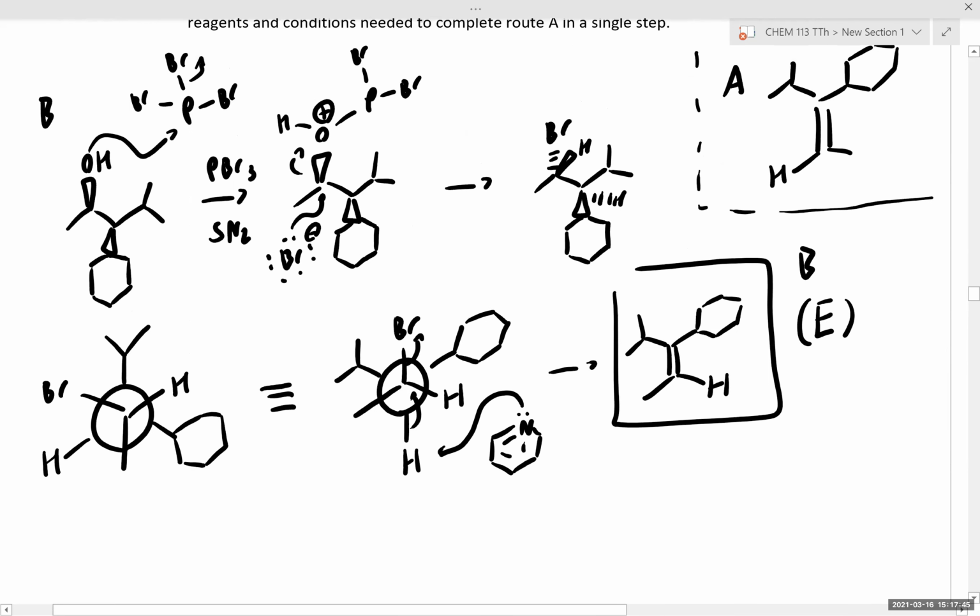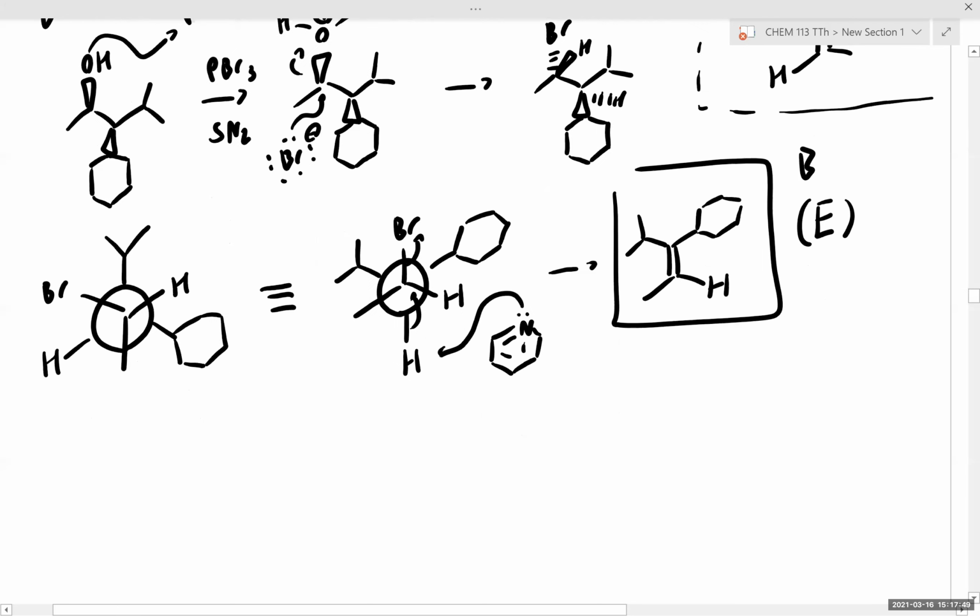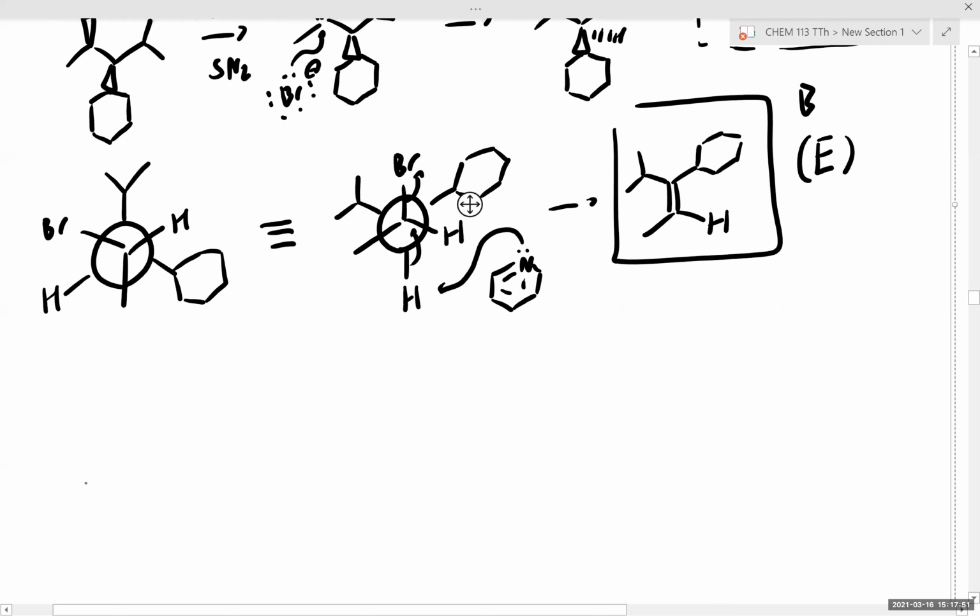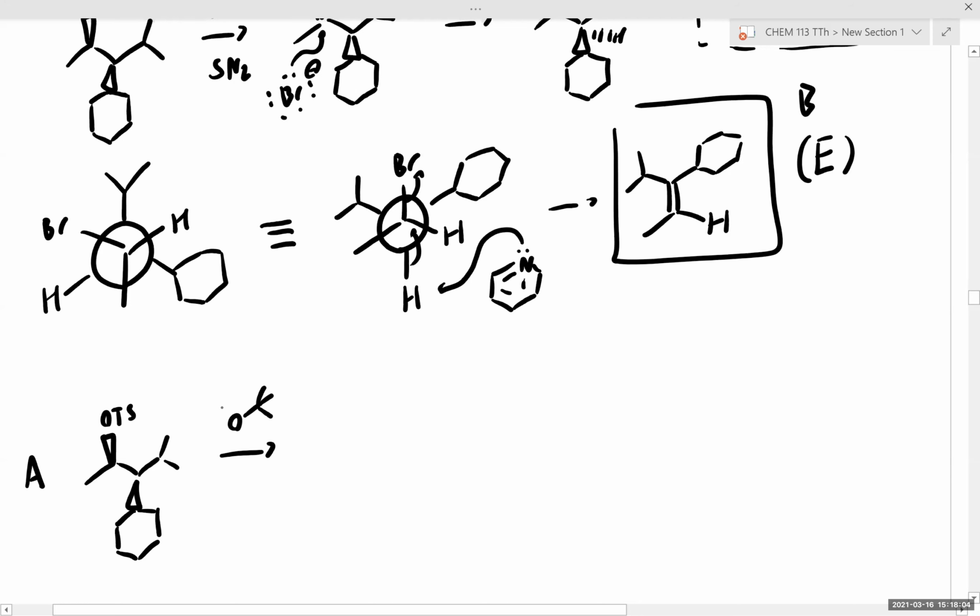Now, you may be wondering, pyridine, that's a bit strange for an E2 reaction, right? Well, there's a very good reason for it. So let's look at route A first. You have this tosylate, you want to set up a nice and effective E2 reaction, so you break out the t-butoxide. Would anyone like to share why t-butoxide is not a good idea for this substrate?